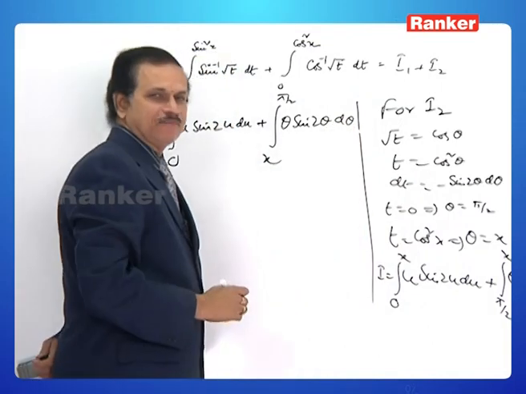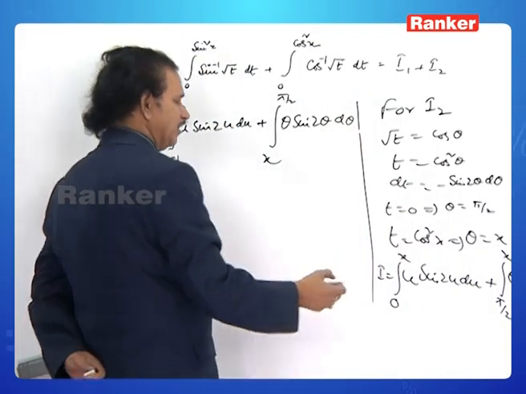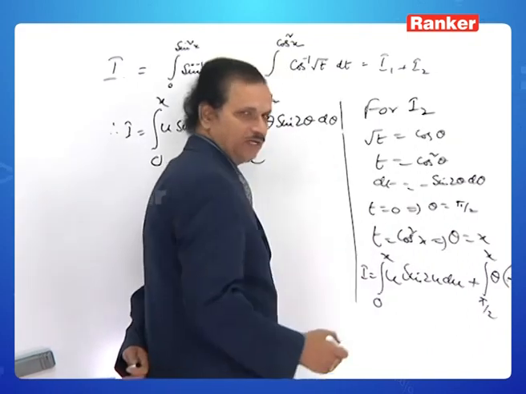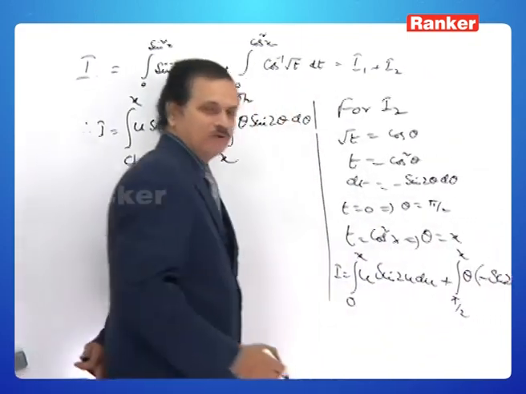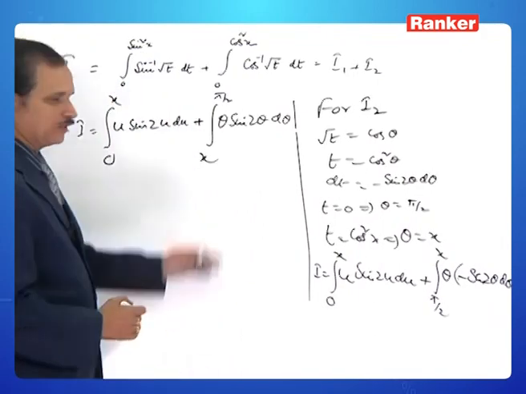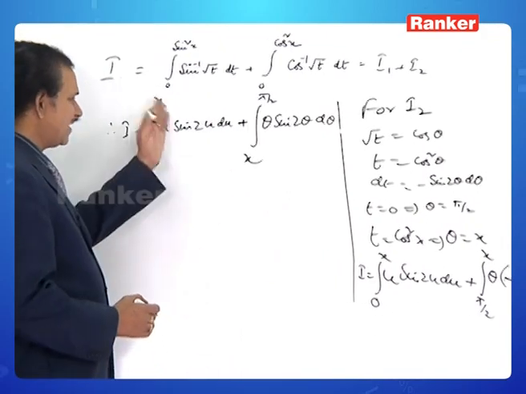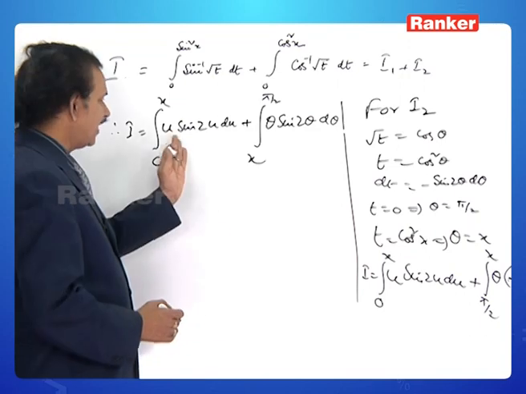I think you could have observed what I have done. Here, this minus symbol is being utilized to change the limits from pi by 2 to x to x to pi by 2. Now you observe 0 to x and x to pi by 2. Same function.